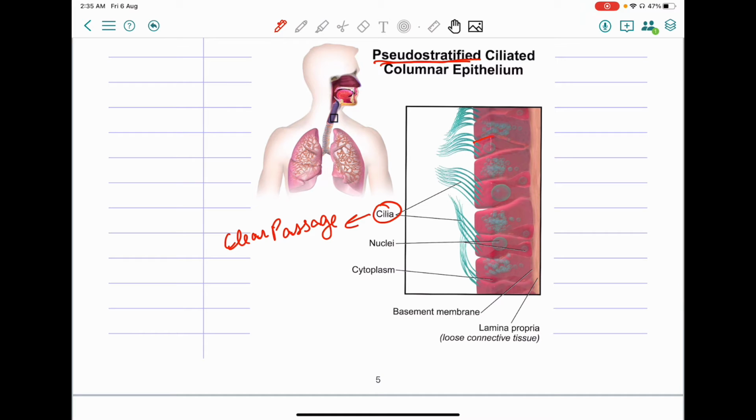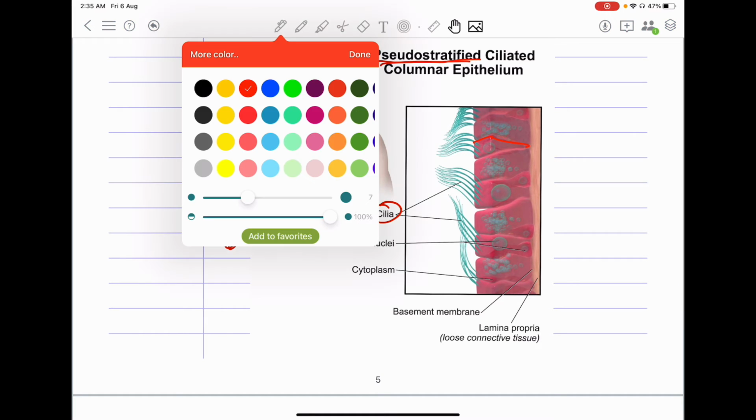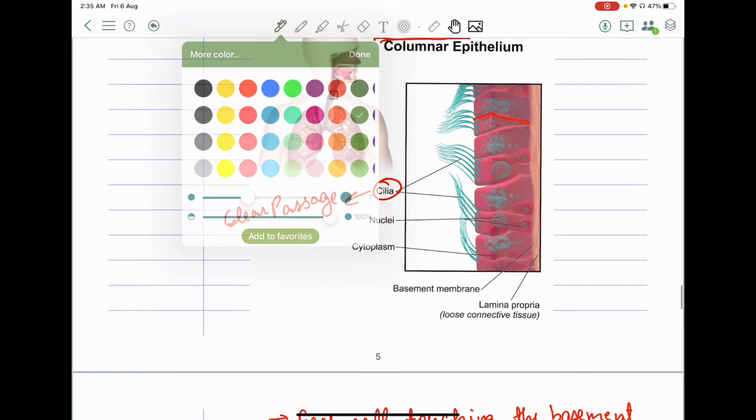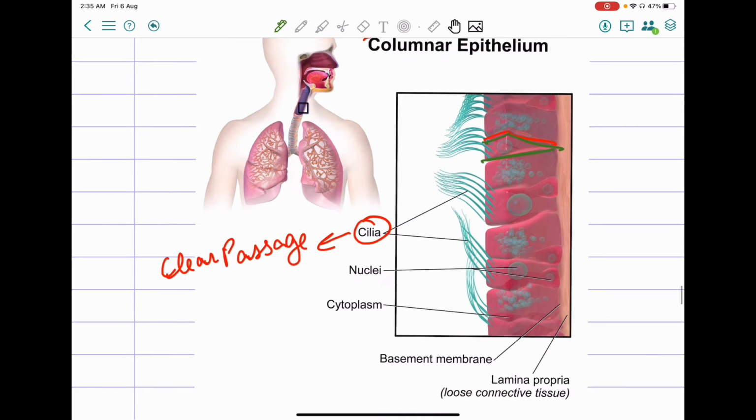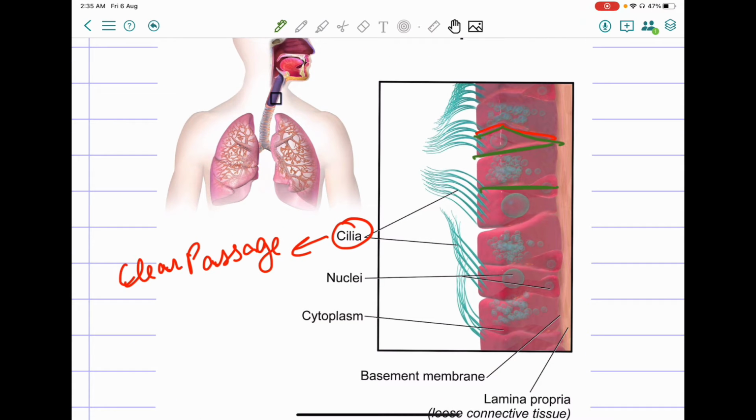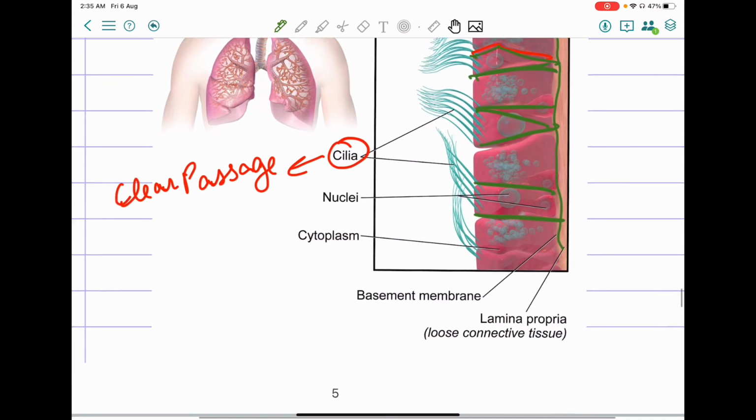Multiple layers are present, but each cell, see in the diagram, is able to touch the basement membrane. This is the basement membrane, and each cell is able to touch it. That is why it is called pseudostratified.